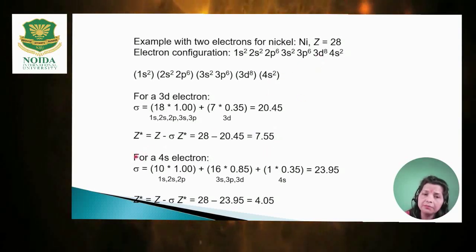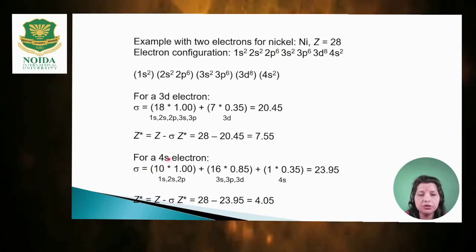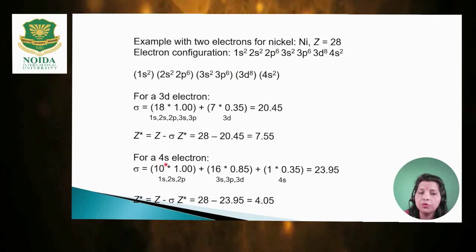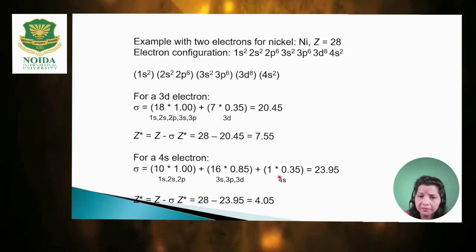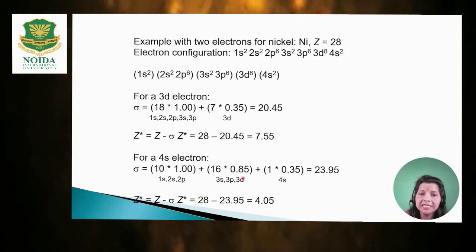Now for the same element, you want to calculate the shielding constant or the effective nuclear charge for the 4s electron. The calculation will be slightly different with these numbers. The total number of electrons in 4s is 2, so the remaining will be 2 minus 1, 1 into 0.35. 16 are there in the n minus 1 shell, right?